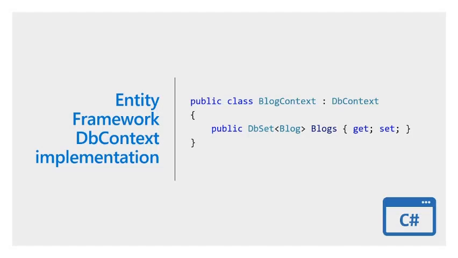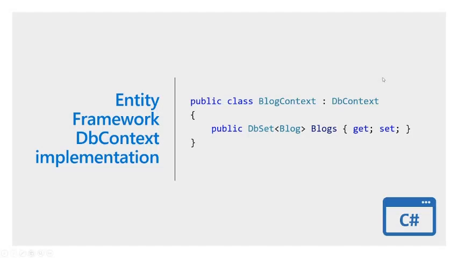You can use the DB context class associated to a model to write and execute queries, materialize query results as entity objects, track changes that are made to those objects, persist object changes back to the database, and bind objects in memory to UI controls.